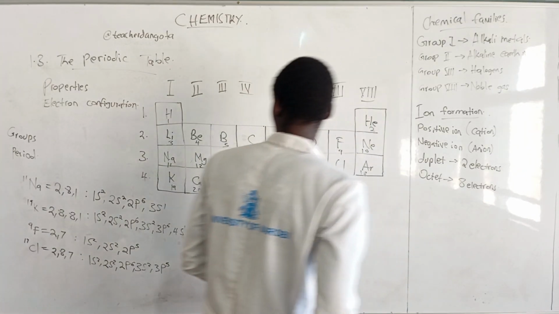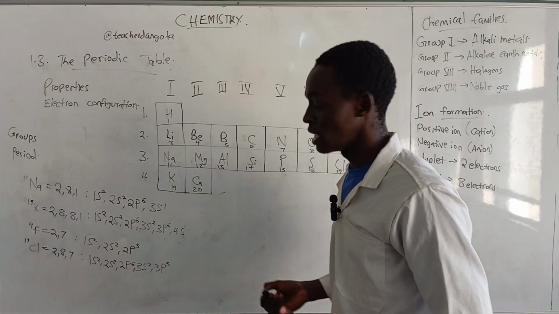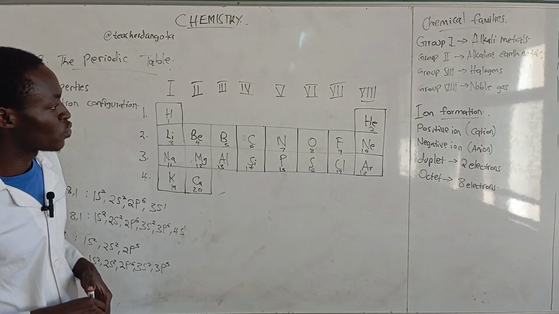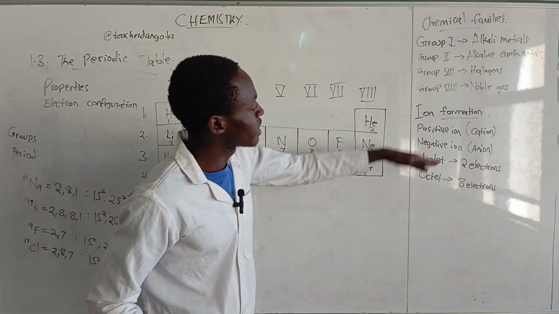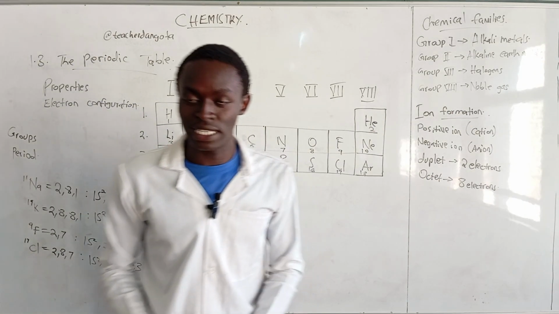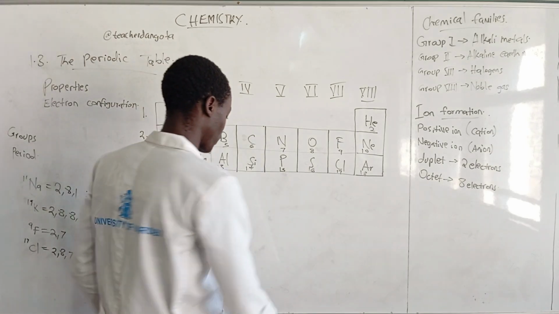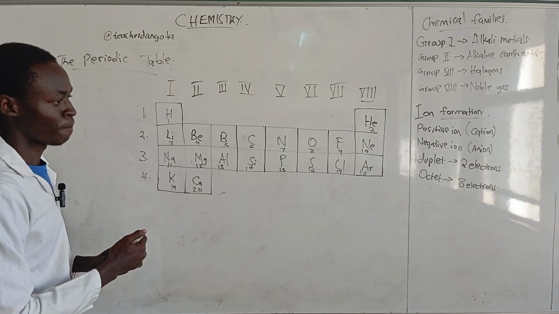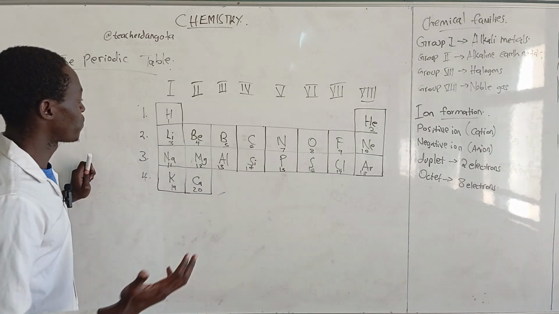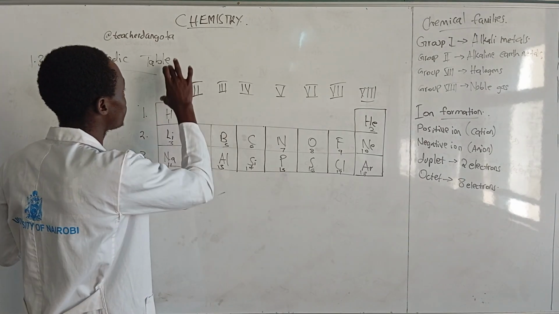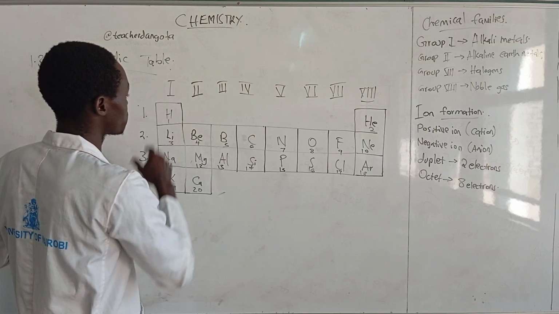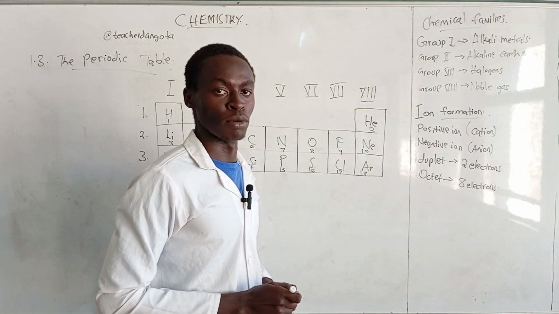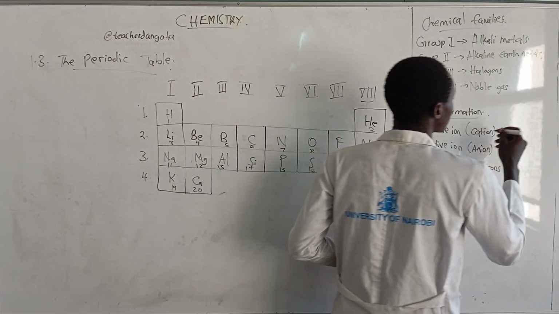For you to understand it easily, I want us to draw the structure of some of the elements, so that we can understand the duplet, the octet, the cation, and the anion in a simpler way. Elements in the first three groups, when they become stable, end up being cations.